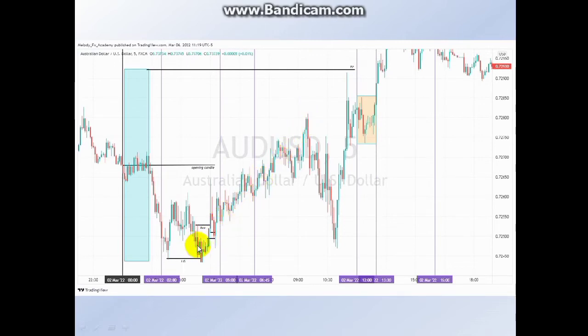So you can see that after we got our entry here, this retracement that happened here, you would have seen your profits depreciating, okay? Maybe you would have seen your profits depreciating and likely get tempted and collapse the trade, okay?